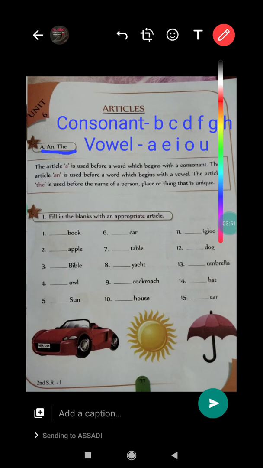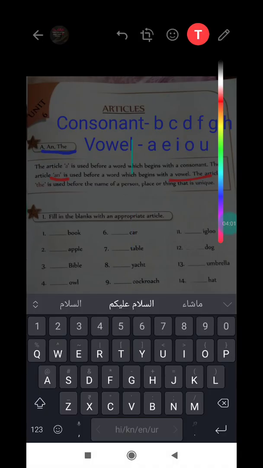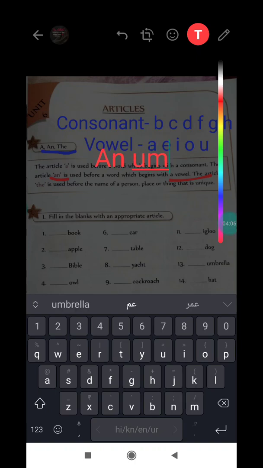We use the article an. Okay, we use the article an before words which begin with a vowel. If a word begins with a vowel, which article will we use? An. For example, an umbrella.